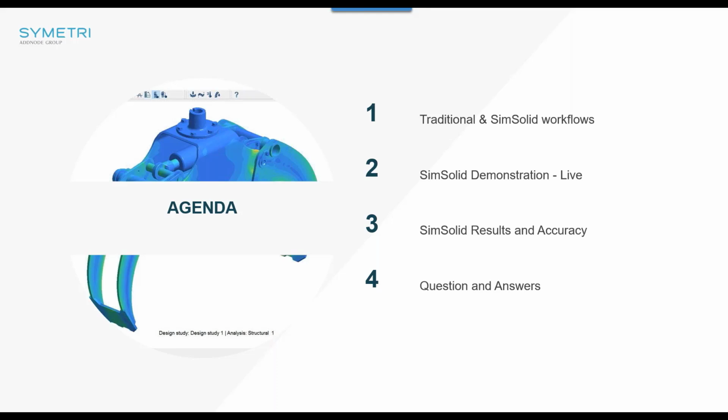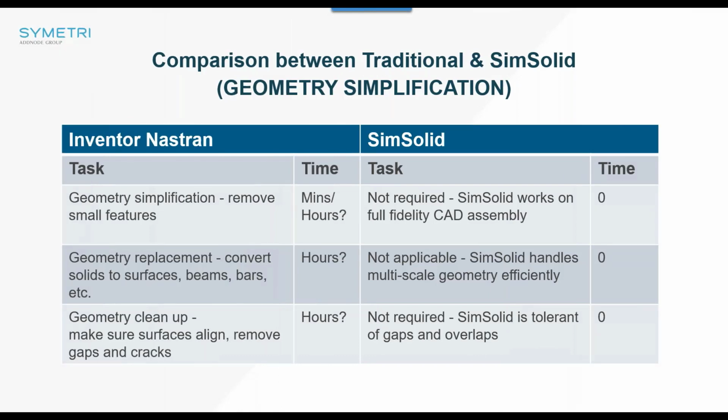Okay, so let's begin. One of the tasks we spend a lot of time on is geometry simplification. That could mean simple removal of features, whether it's holes or radiuses. Or it could be geometry replacement with something simpler.